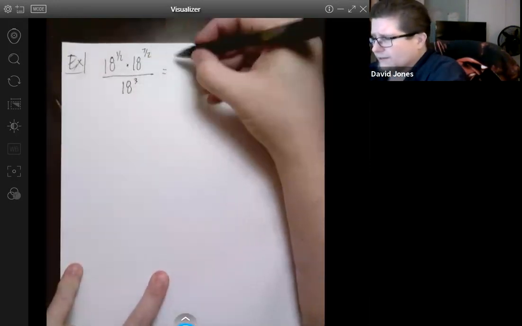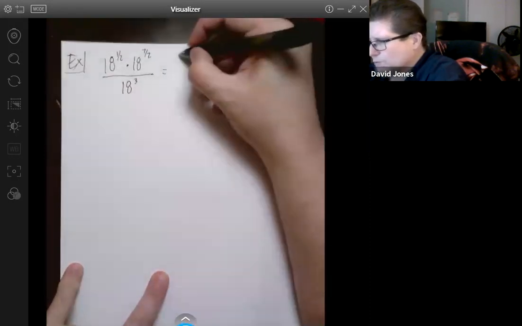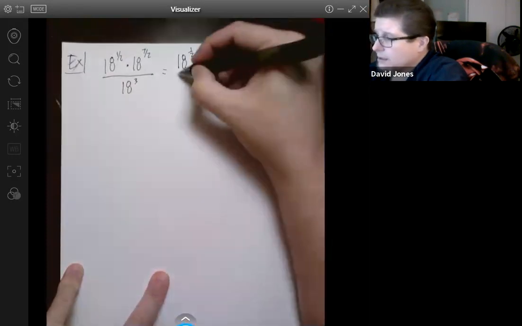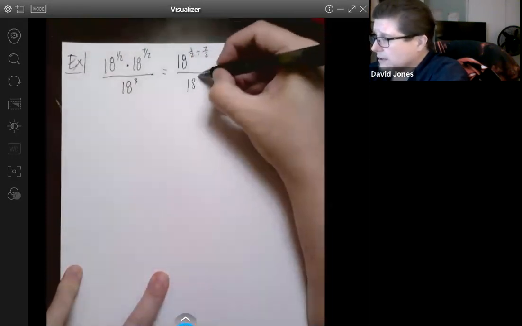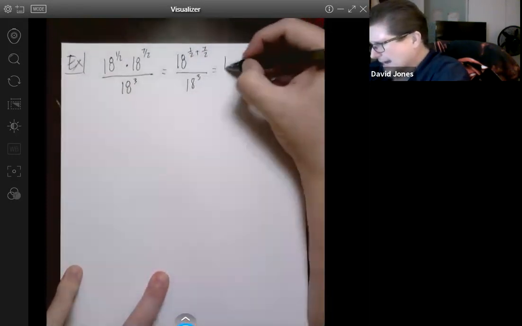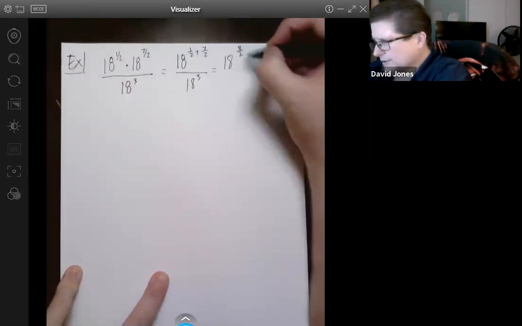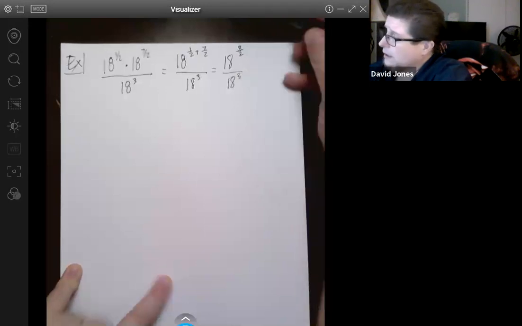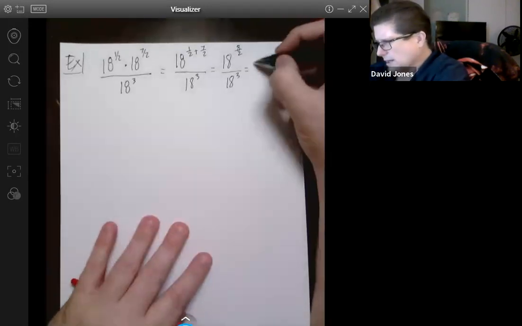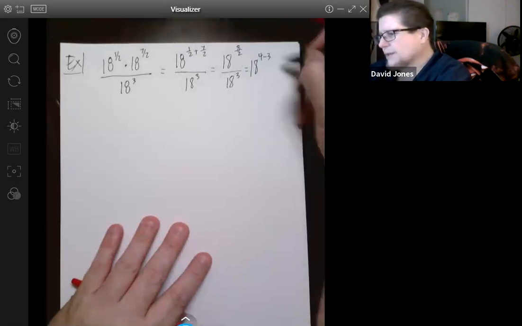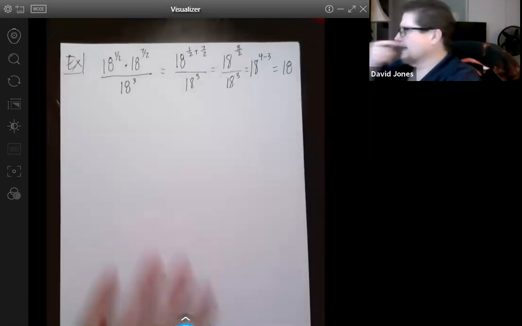We'll deal with this stuff on top. We have the same base, which means we can add the exponents. And adding the exponents gives me 8 over 2. And 8 over 2 is 4, and I can subtract the exponent on the bottom. This is just 18.